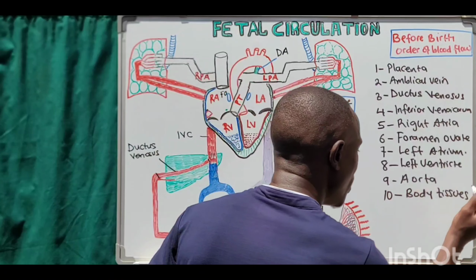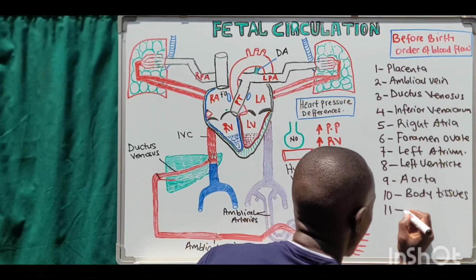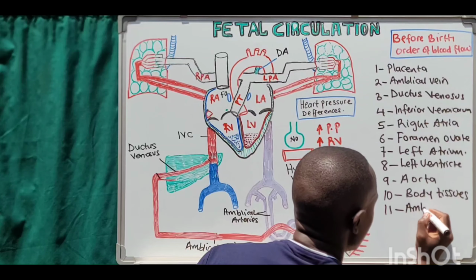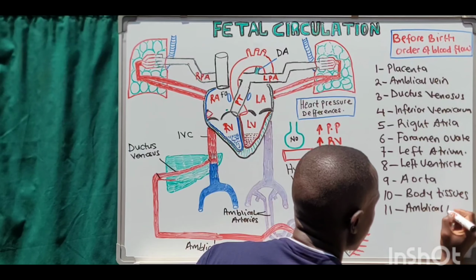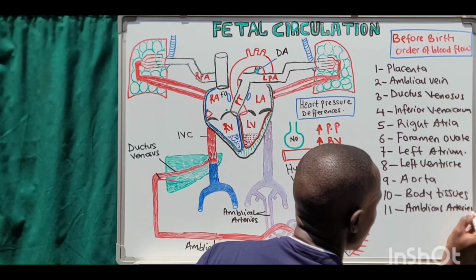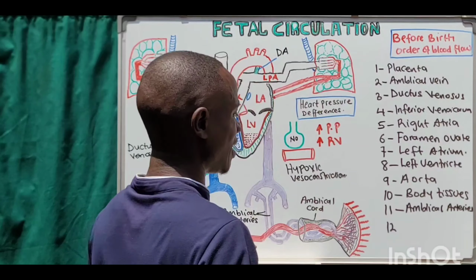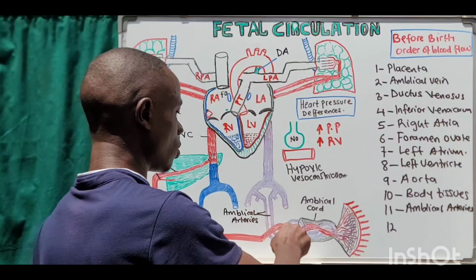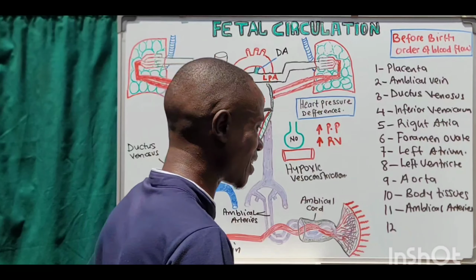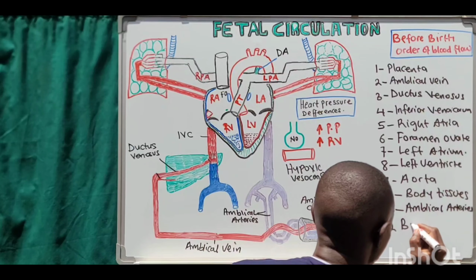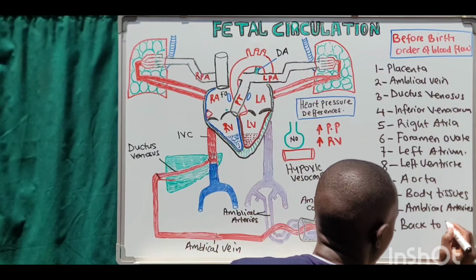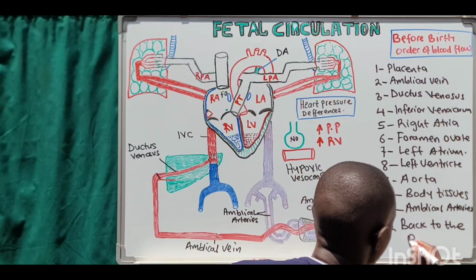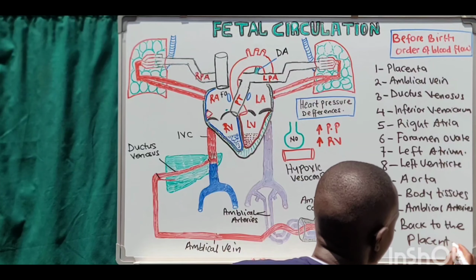Okay, so now from the body tissues, we shall have our blood moving to the umbilical arteries. Okay, and then of course umbilical arteries are going to be leading into what we call the placenta. Okay, it will now take it back to the placenta. Okay, back into the placenta.